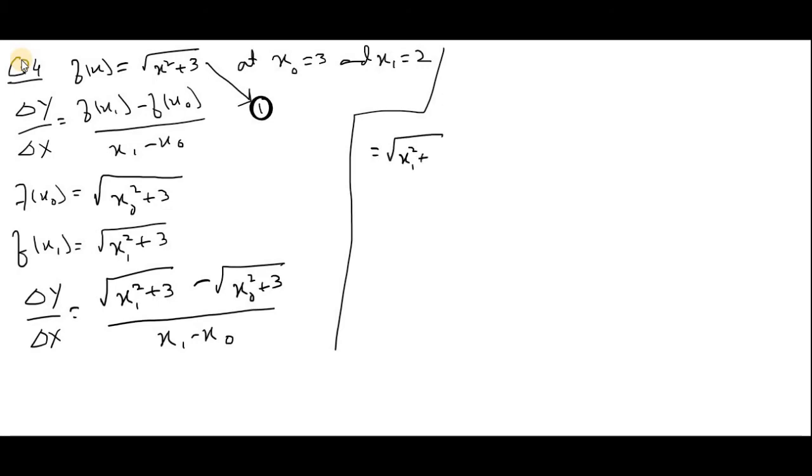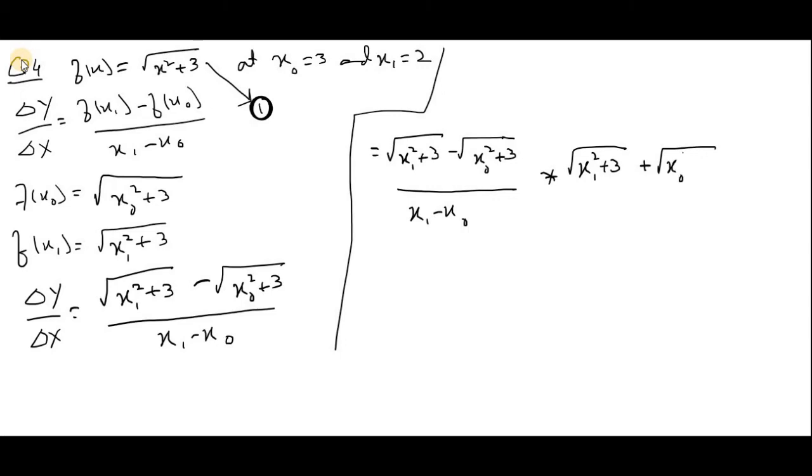Under root x1 square plus 3 minus under root x naught square plus 3 whole divided by x1 minus x naught, into under root x1 square plus 3 plus under root x naught square plus 3 over under root x1 square plus 3 plus under root x naught square plus 3.